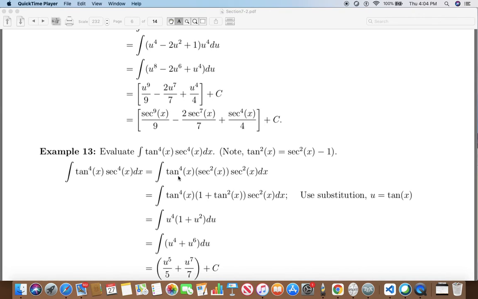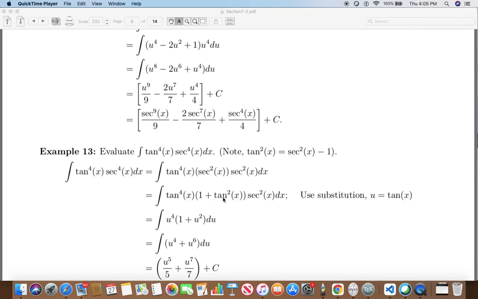So tan to the power 4 is as it is. Secant power 4, I've split it as secant squared and secant squared. So I took away one of the secant squareds. Secant squared itself is 1 plus tan squared. Aha, what happened here? Secant squared dx is going to be du, in which case u has to be tan, and that's why we rewrote everything in terms of tan.